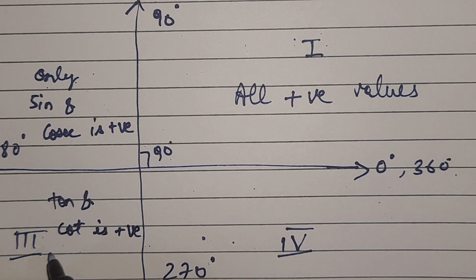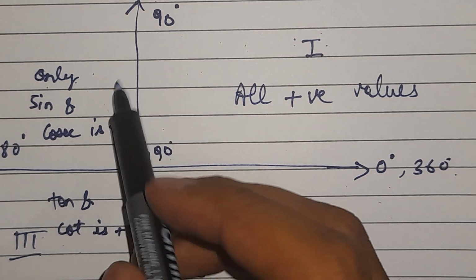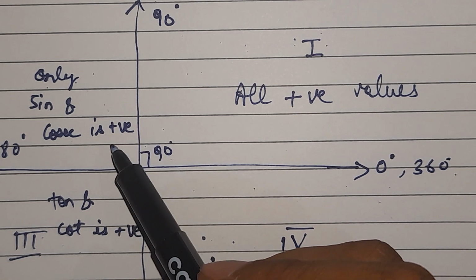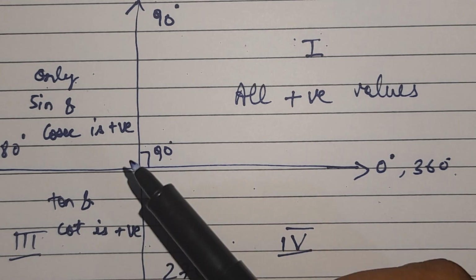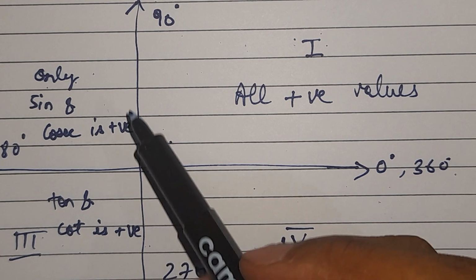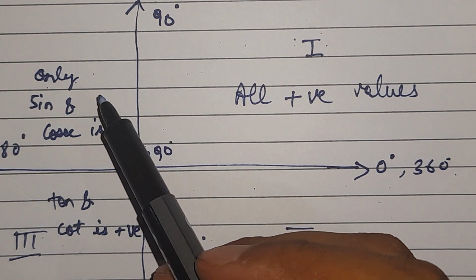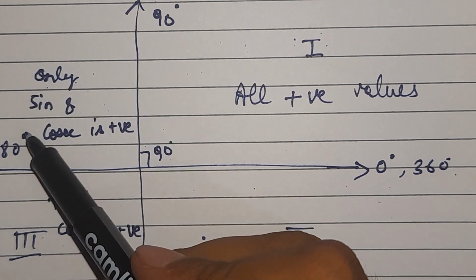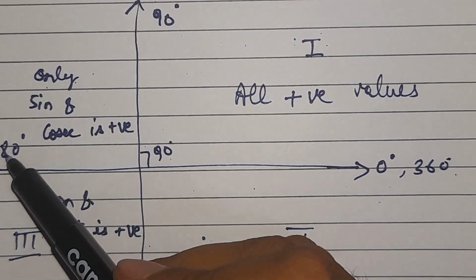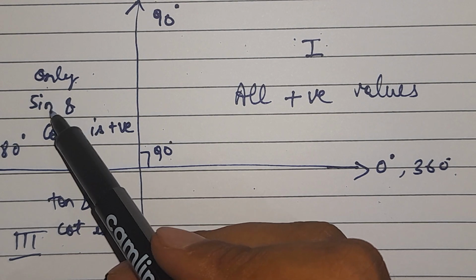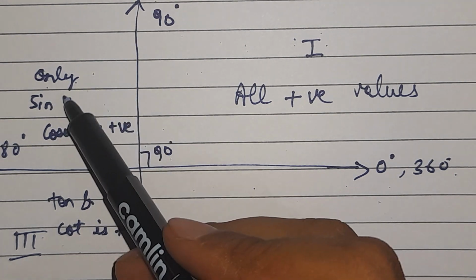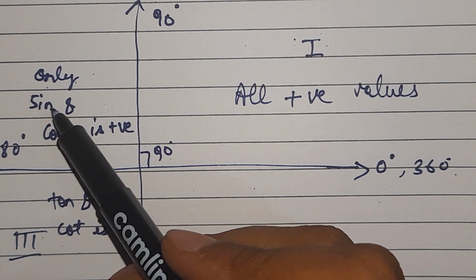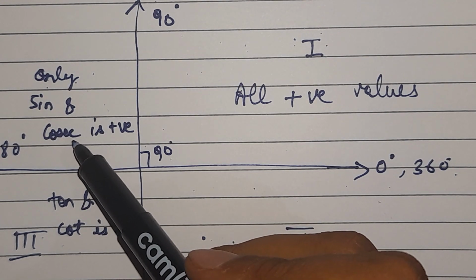All others are negative. So if you ask whether the value of sine 120 will be positive or negative, or the value of cosec 160, then it will be positive, because 120 and 160 lie between 90 and 180, in the second quadrant, and in the second quadrant the value of sine and cosec is positive.